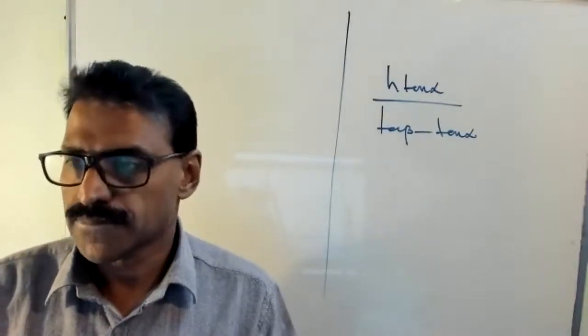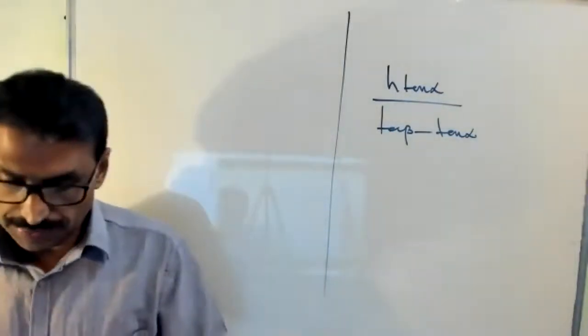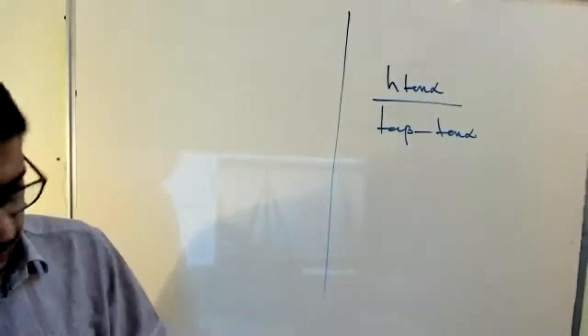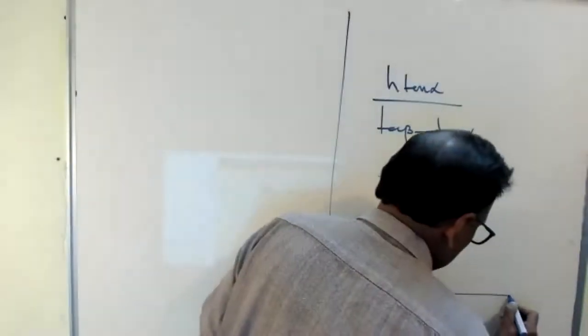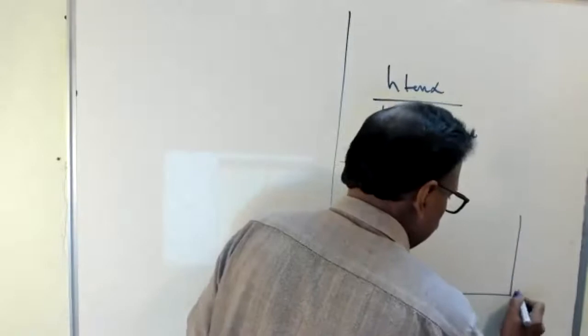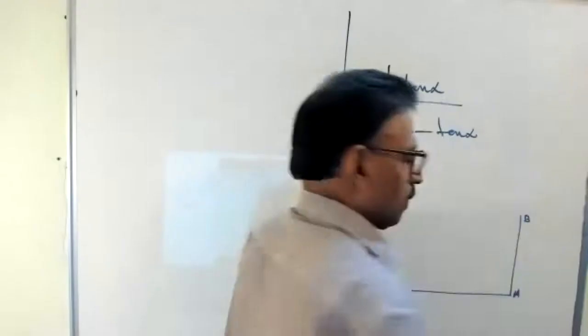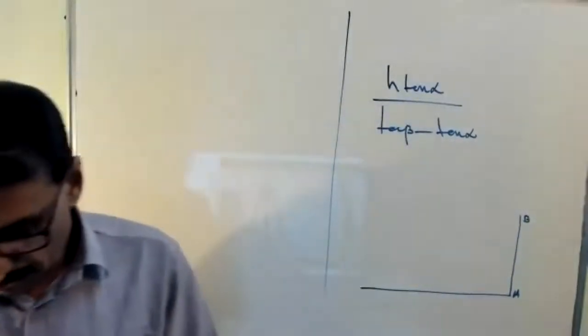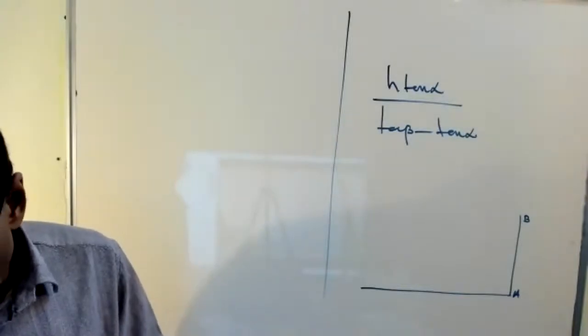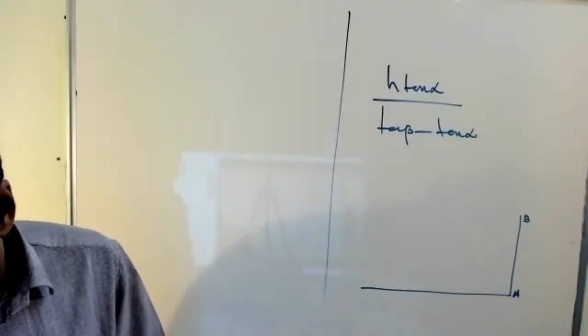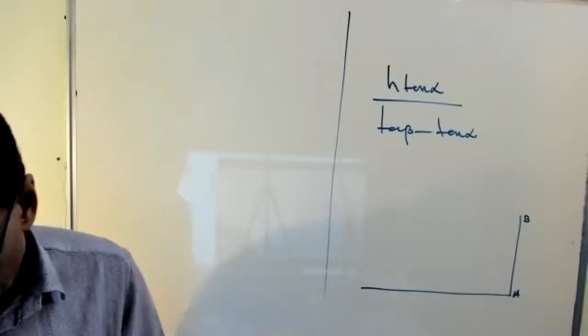Question clear or not? Okay, look here, I'll explain the question. AB, this is the ground. AB is the tower. A vertical tower stands on a horizontal plane and is surmounted by a vertical flagstaff.